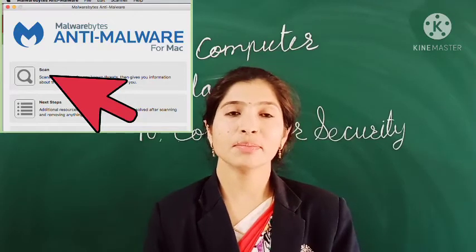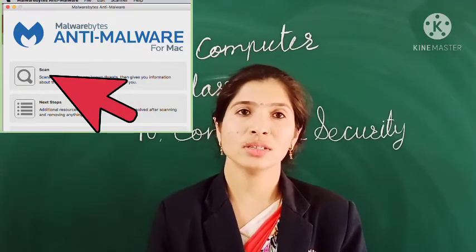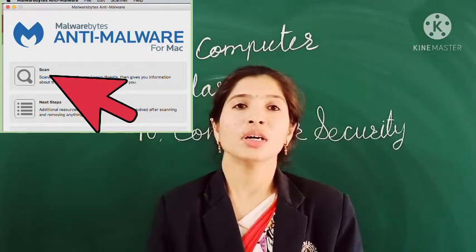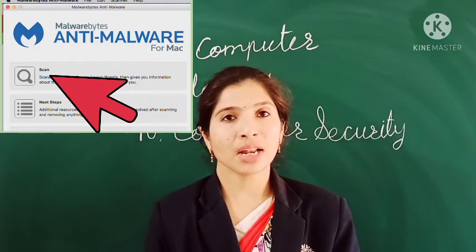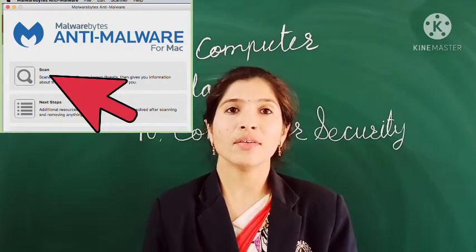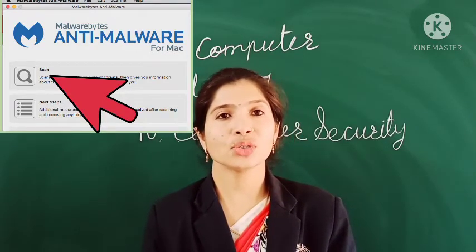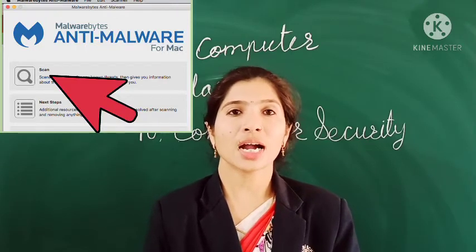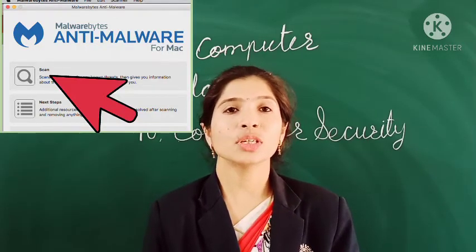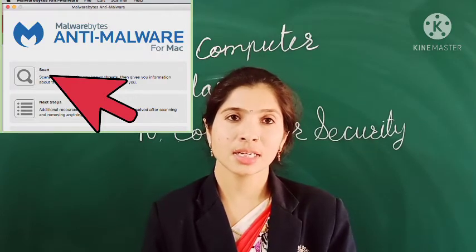Antivirus can detect malware and can take one or more of these actions. Remove the detected malware from the computer. Separate all affected files and applications so that the infection can't spread further. Attempt to repair infected files.